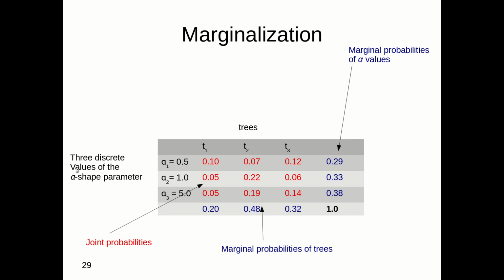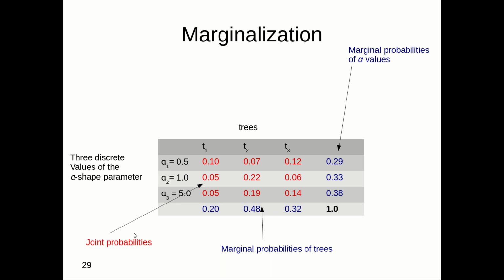For the sake of simplicity, we're going to assume that we're only considering 3 discrete values of the alpha shape parameter, right? So 0.5, which is high rate heterogeneity, 1.0, which is medium rate heterogeneity, and 5.0, which means low rate heterogeneity.